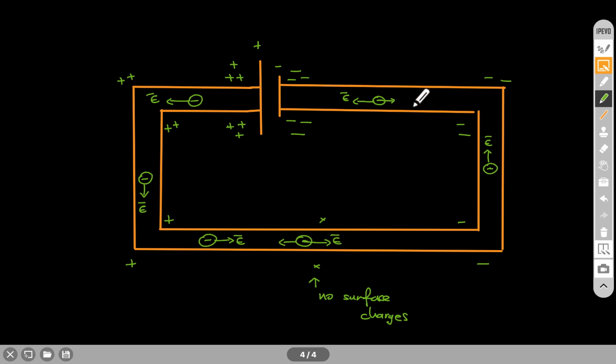Now, one last thing: when the area of the wire, the conductor, is constant, the electric field will also stay the same. I know from some theory that we've done, the current will depend on the electric field and the area.